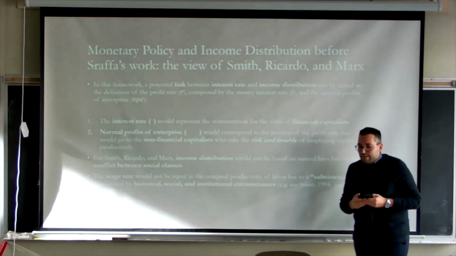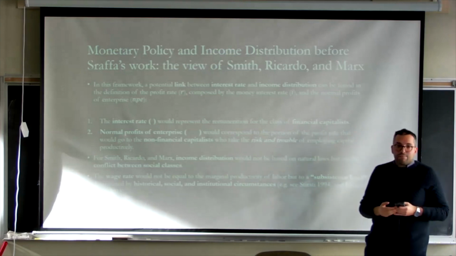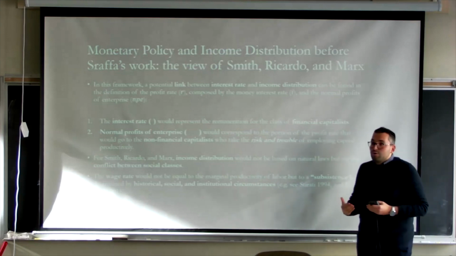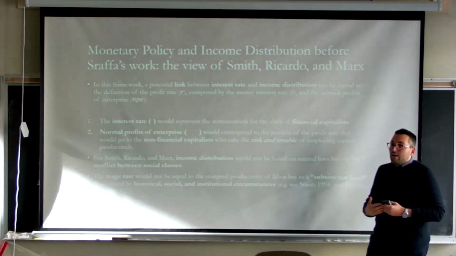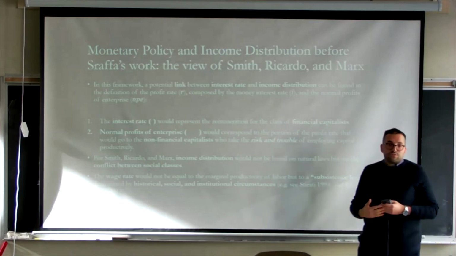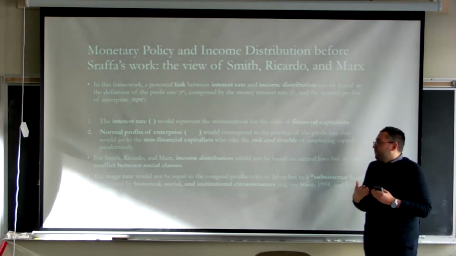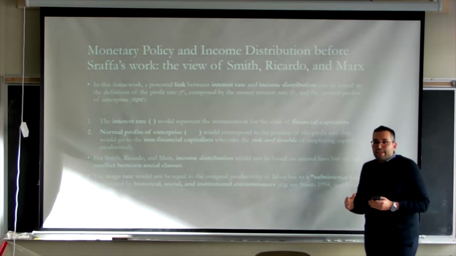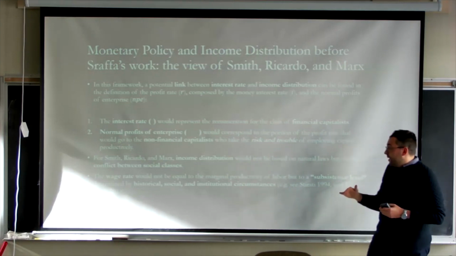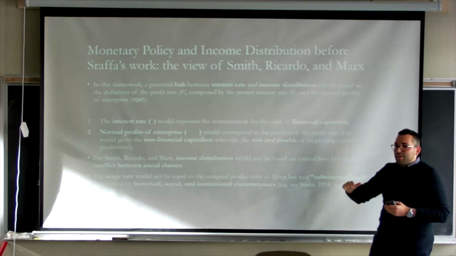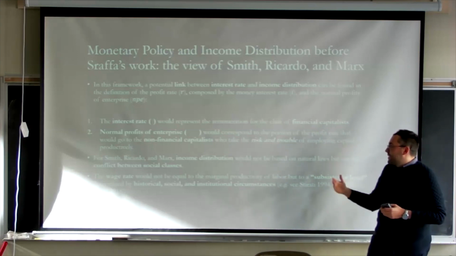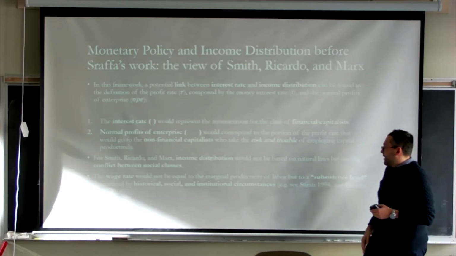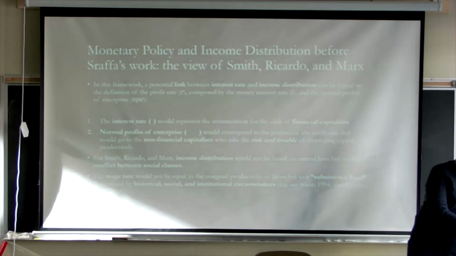So for Smith, Ricardo, and Marx, income distribution follows social laws, not natural laws. So it's not explained by the marginal productivity of labor, but in many cases real wages are given at a subsistence level determined by historical, social, and institutional circumstances.